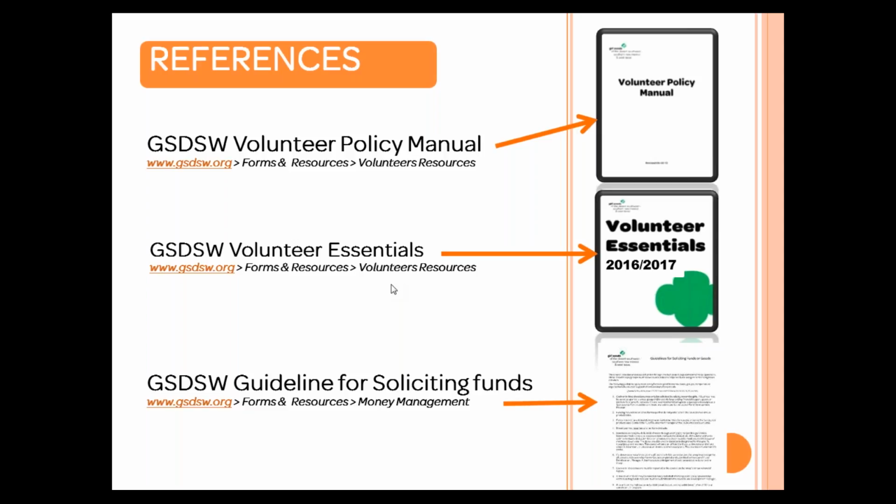And we also have our guideline for soliciting funds, which is under forms and resources, but it's a little farther down on the list, and that one is under money management. That is a one-page PDF form that you could just open up. It's kind of a quick guide to reference when you're in a pinch, and a little easier to answer the basic questions. But if we need more detailed information, then you would work your way backward up to Volunteer Essentials, and then of course Volunteer Policy Manual.